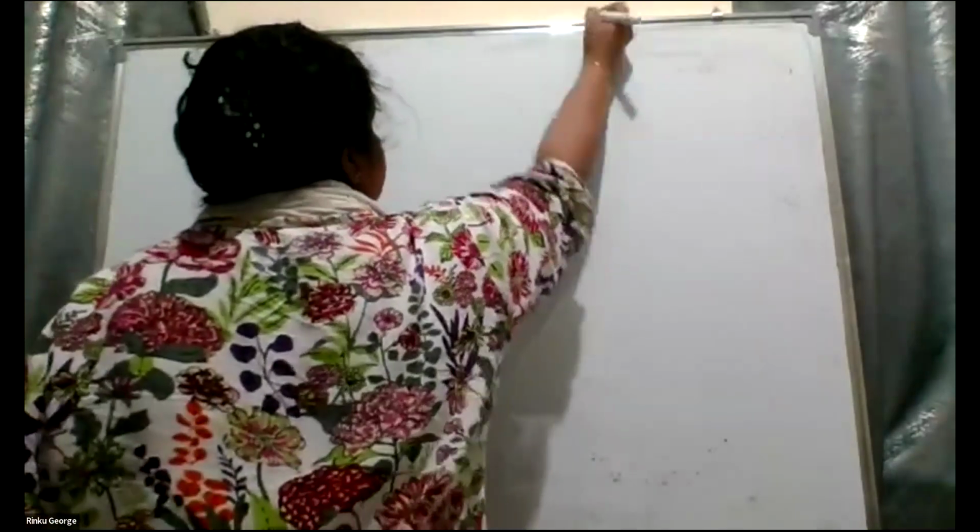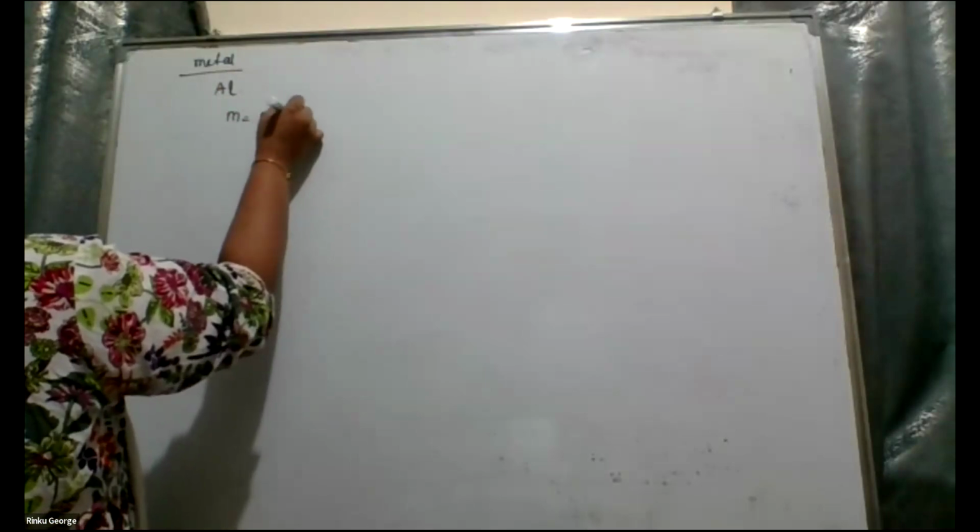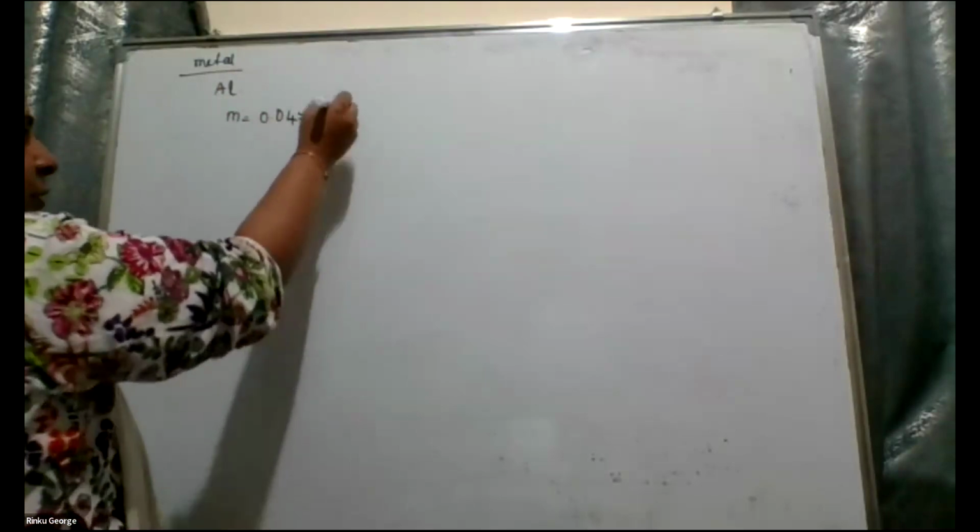Spear made of aluminum question, right? Okay, listen. A spear made of aluminum of 0.047 kg. So the metal is aluminum here, and the mass of aluminum is this much.